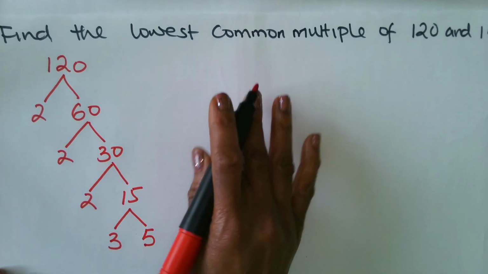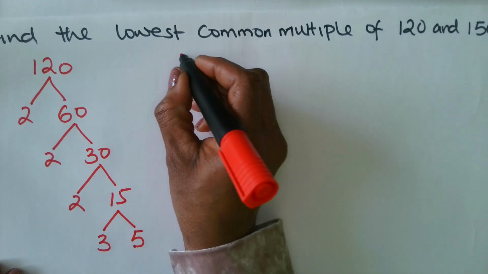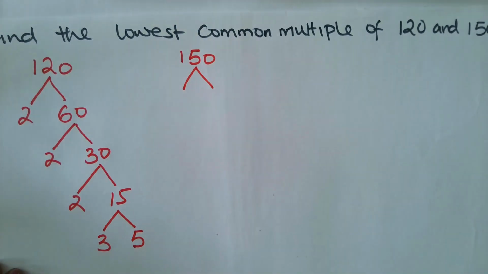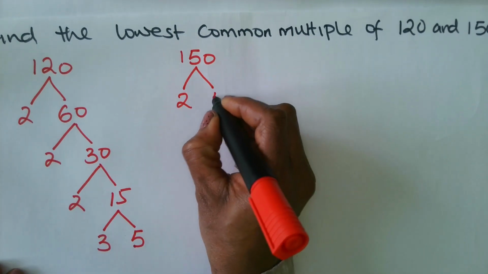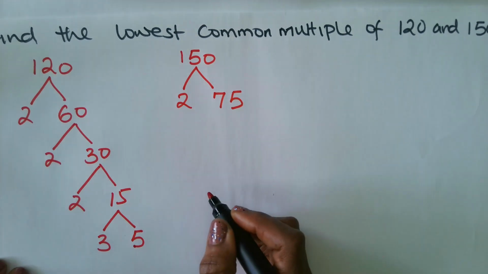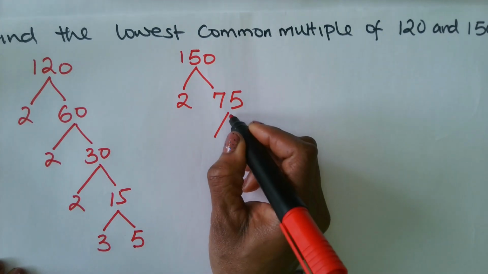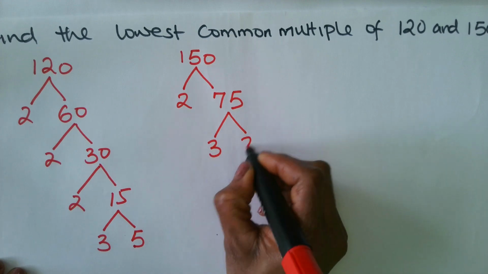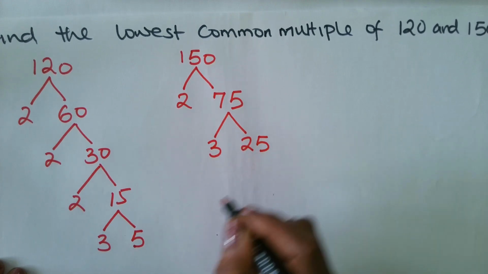Now we look at 150. 150 is going to give us 2 and 75. We cannot use 2 again, so we're going to use 3 and 25.